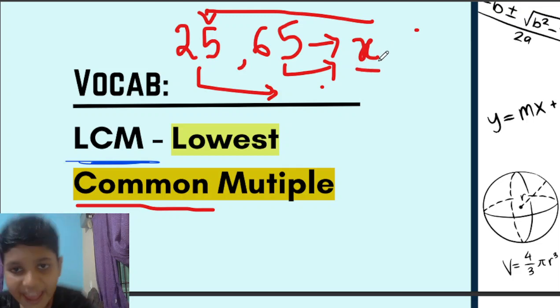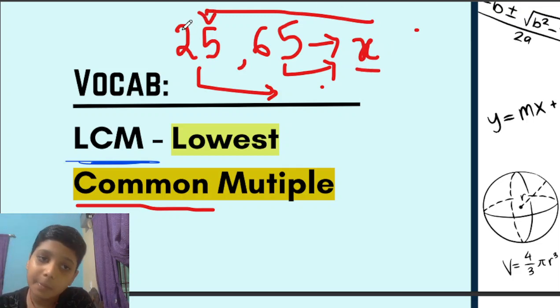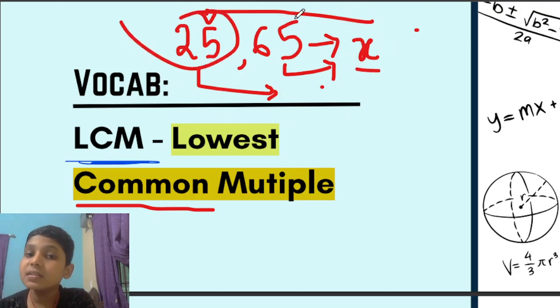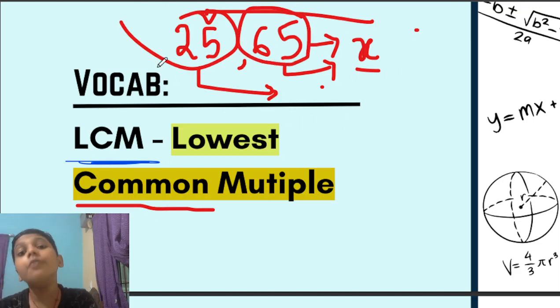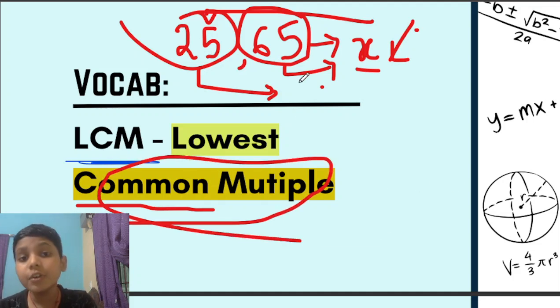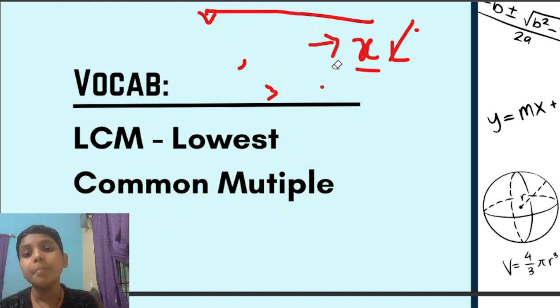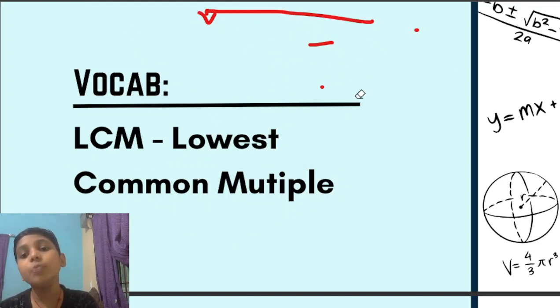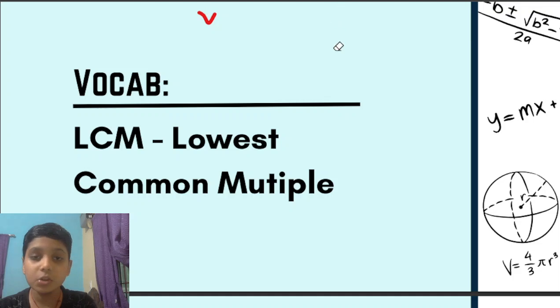Suppose x is a number that is a multiple of 25 as well, and x is a multiple of 65 as well. So x is a common multiple of 25 and 65. This is what common multiple means.